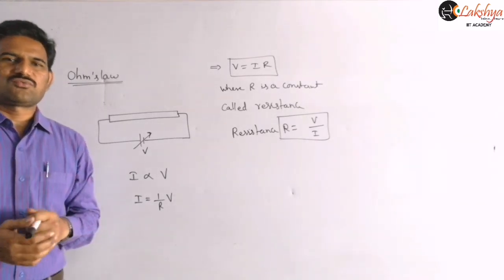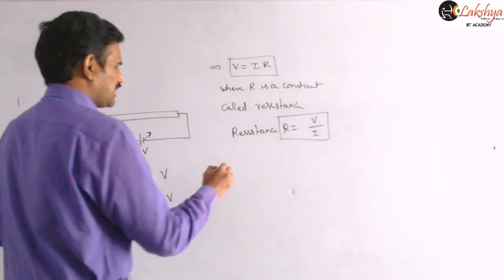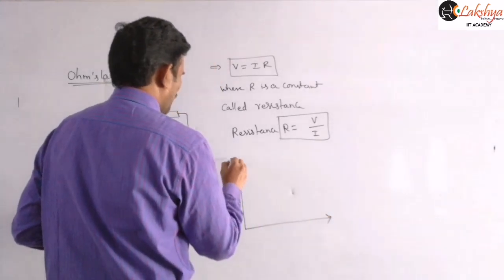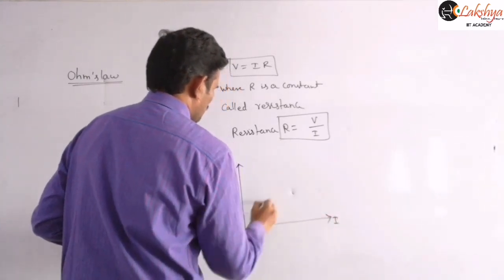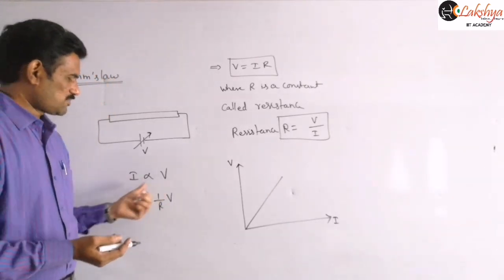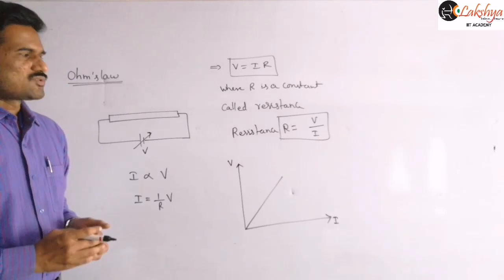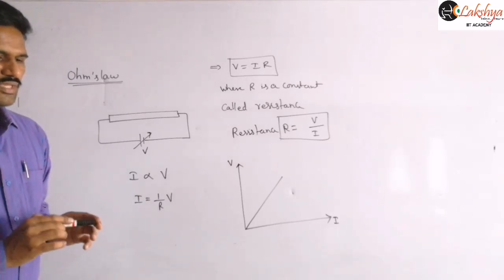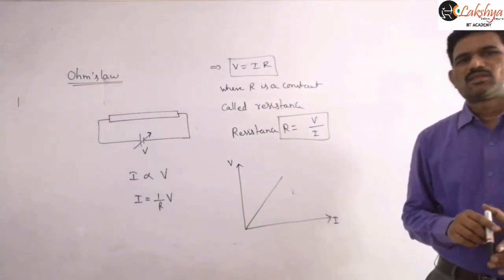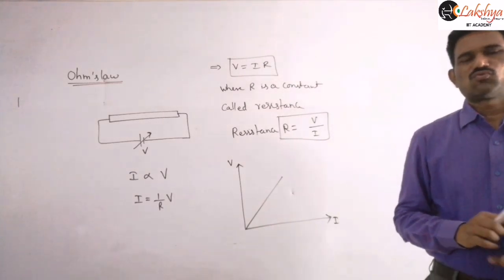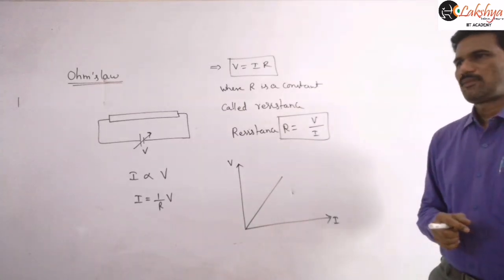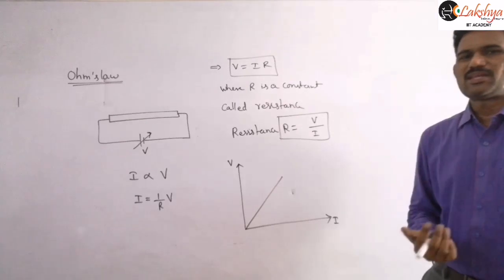Those materials we call ohmic conductors, and for ohmic conductors the VI graph is a straight line passing through the origin, because I is proportional to V. So, mention that the materials which obey Ohm's law are called ohmic conductors, or another name, linear conductors.